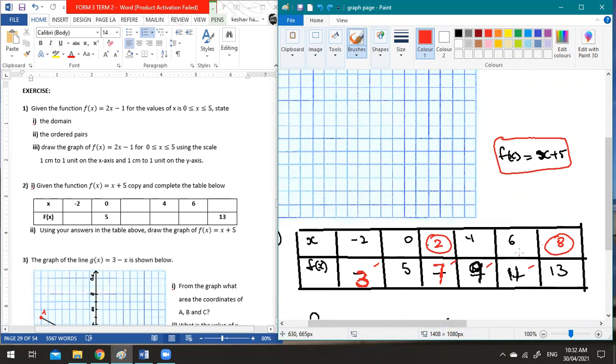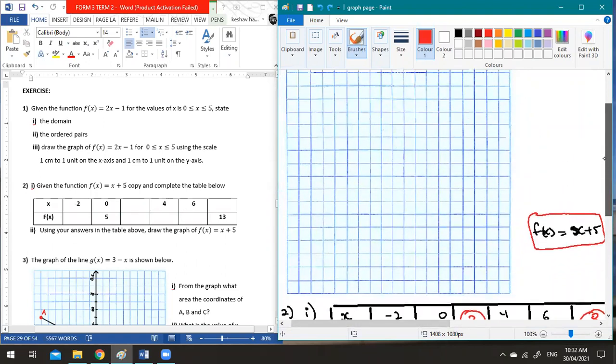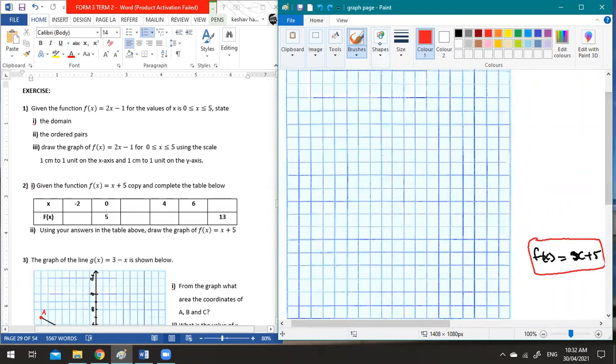So that's a big span. Then the smallest y value is 3 and the largest y value is 13. So that's a very tall span. So we have to draw the graph in such a way that we have plenty width, or more to the right than the left.